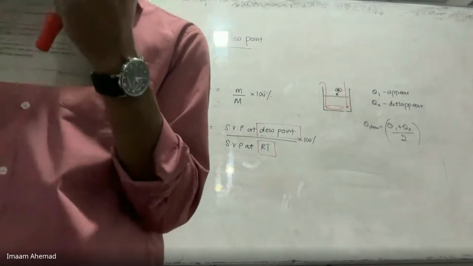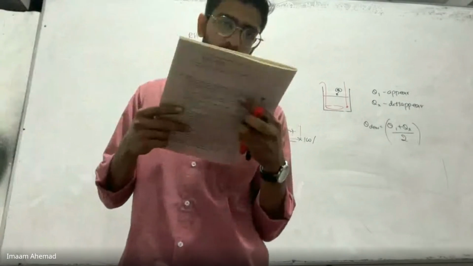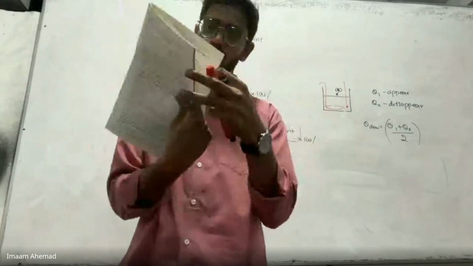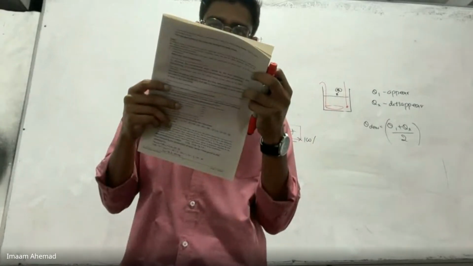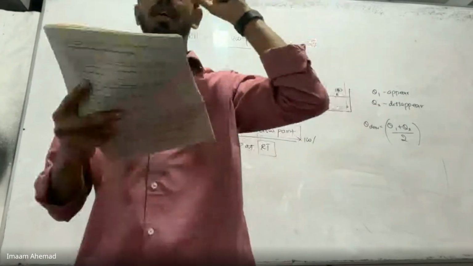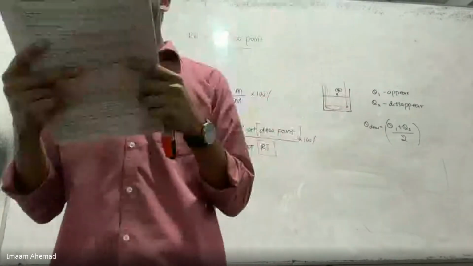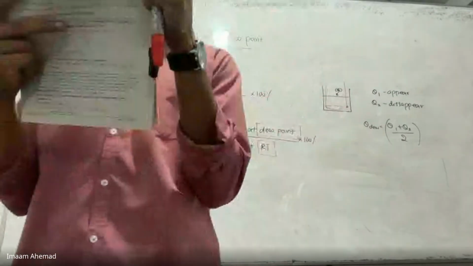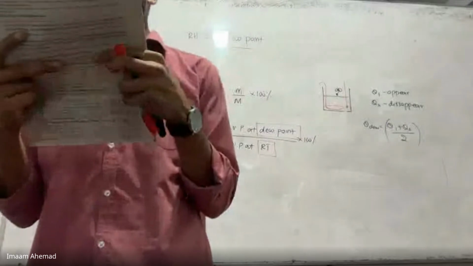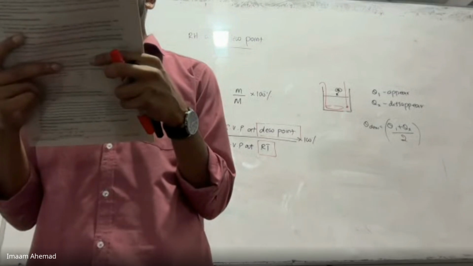In 2003, you have a question. All the questions are similar, so no problem. Look at the last question, question F. When you blow your breath on a polished metal surface, you can observe that the surface brightness is reduced.